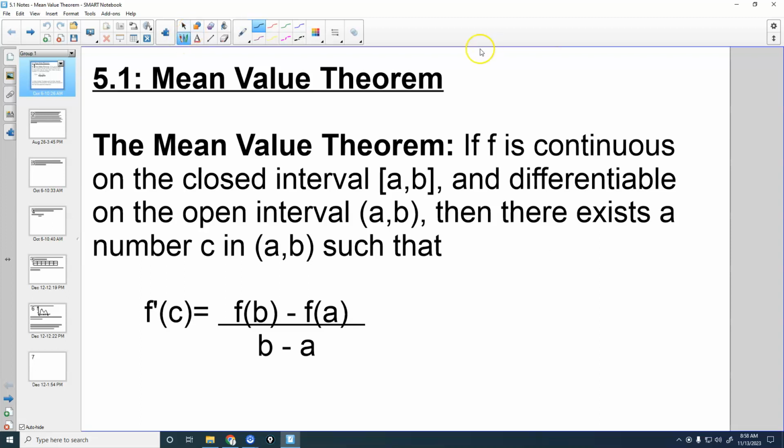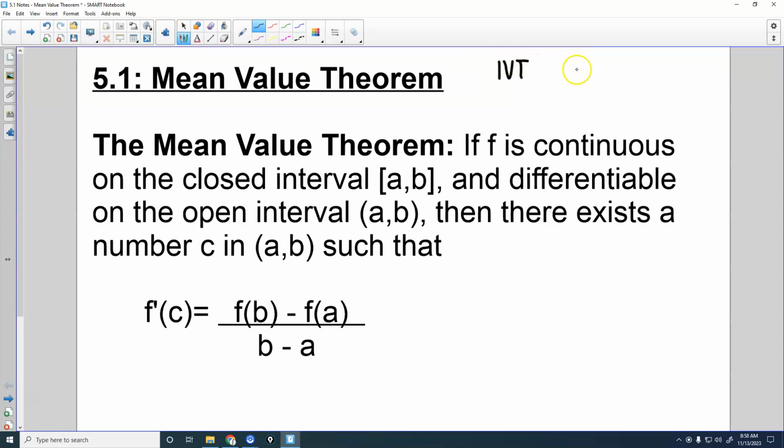Just to recap the intermediate value theorem: if I go from here to here, and let's say that is 2 and this is 10, and I want to know, does my function ever equal 5? If I have a continuous function, then I've got to cross 5 at least one time to get there. So I would be able to say, yes, definitely it equals 5.